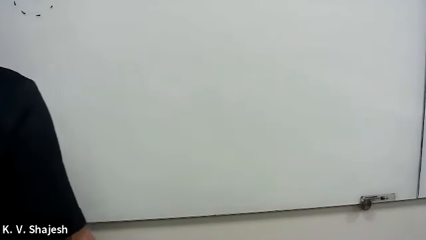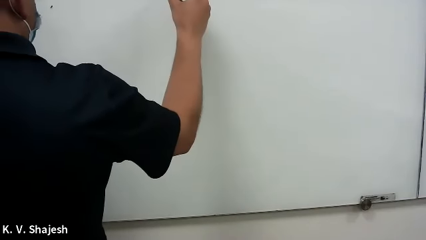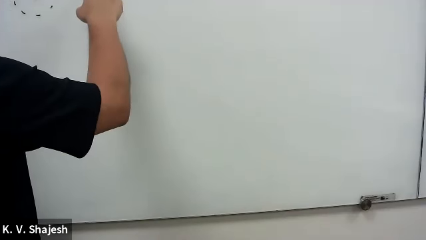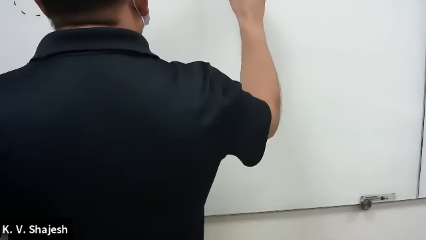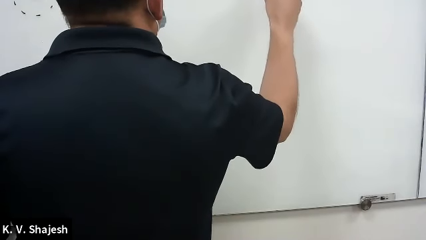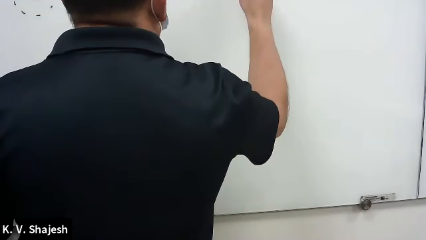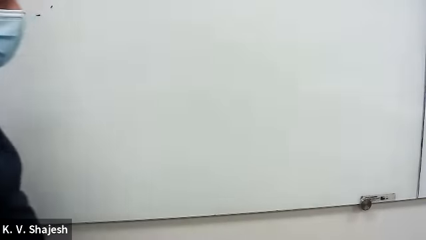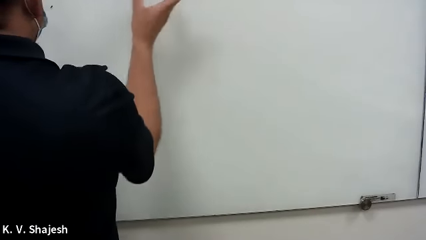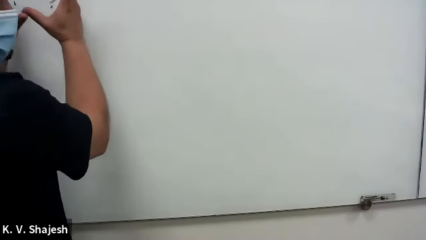So one of the r's cancels out and the mass cancels out. Notice that velocity squared is inversely proportional to r. That's clear. And the only thing it depends on is the mass inside of the orbit.